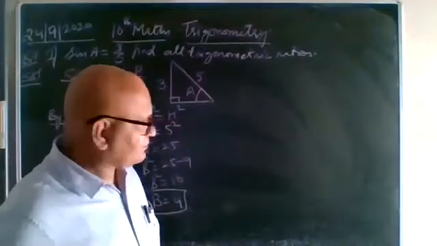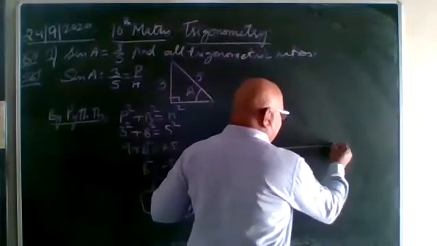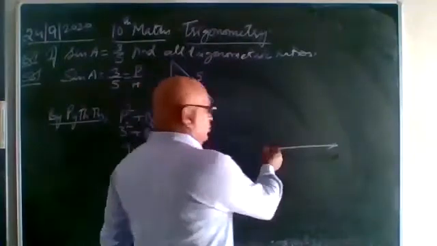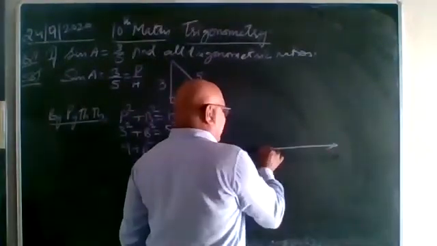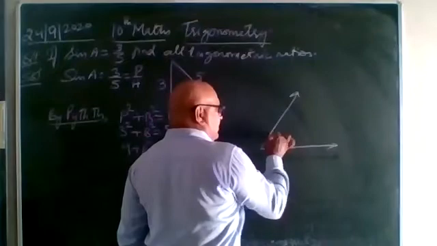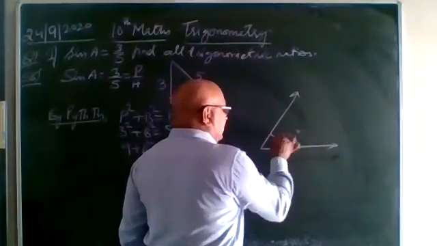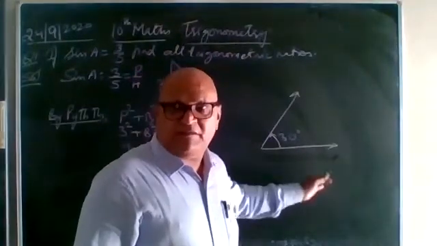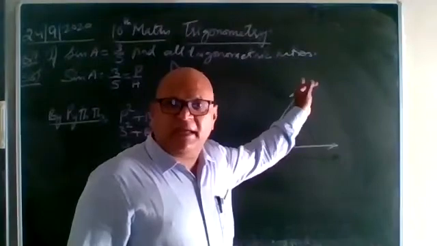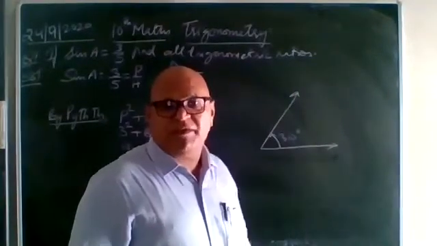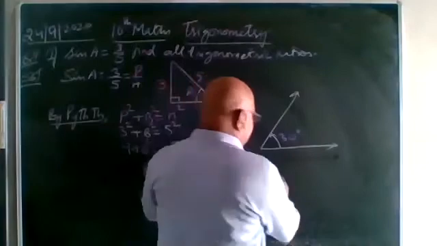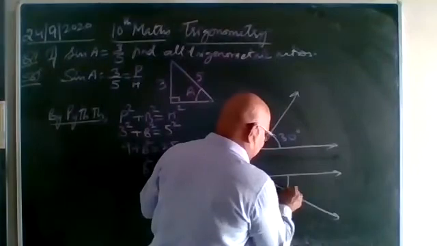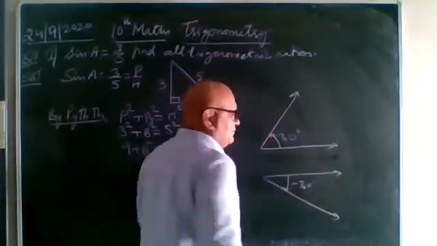What is a positive angle? Generally, when you are making an angle, if I say make a 30-degree angle, you always make the first ray, the initial ray, and after that you make this and write this is 30 degree. That is, when you are moving anti-clockwise, the angle is positive, and when you are moving clockwise, the angle is negative. If this is 30 degree, this is minus 30 degree.